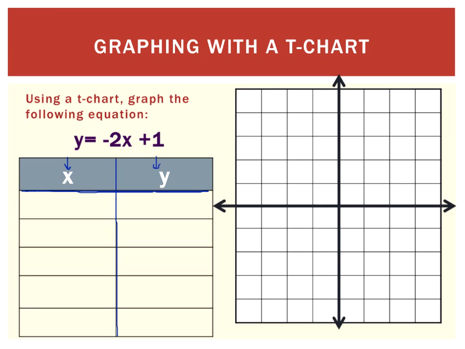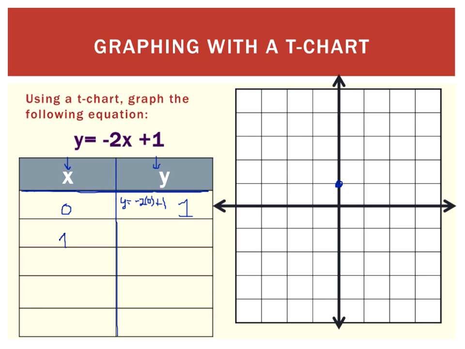So if I choose 0, 0 is always my first point I like to choose. Then I would have y equals -2 times 0 plus 1. And -2 times 0 is 0, plus 1 is 1. So my corresponding point for y then is 1.